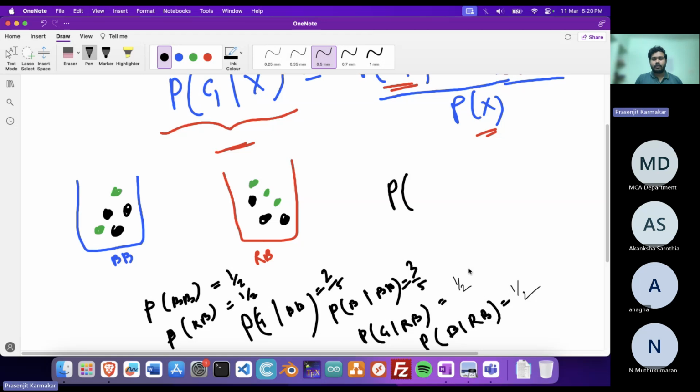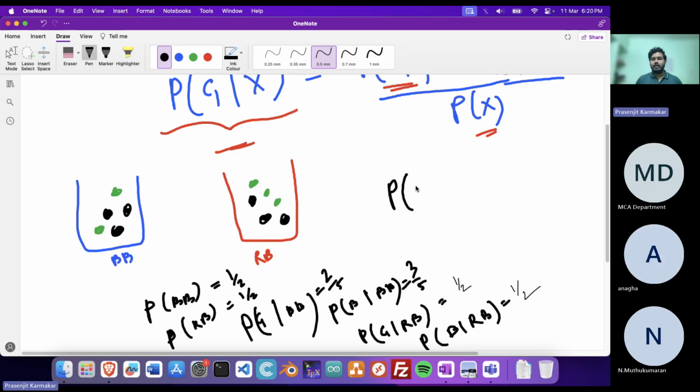Now, what can we get from Bayes theorem? Bayes theorem tells us that if I know these values, I can also compute the probability of picking, let's say, the blue basket, given that I know I have picked a green ball.